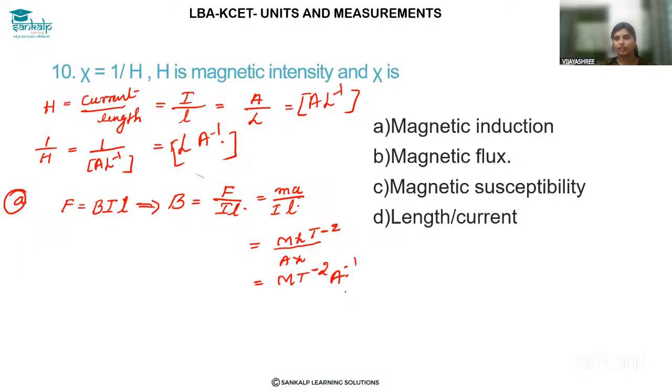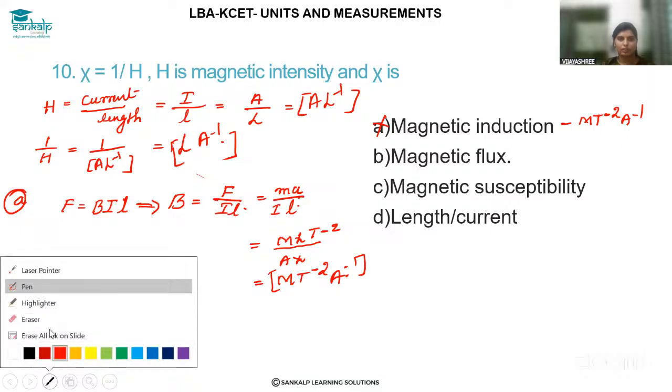This is the dimensional formula for magnetic field induction. It is not matching with A L raised to minus 1. This is not our answer.